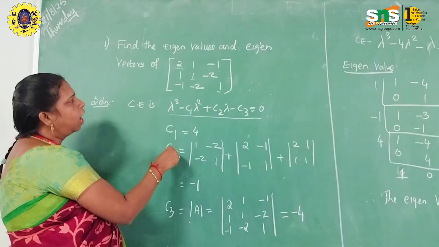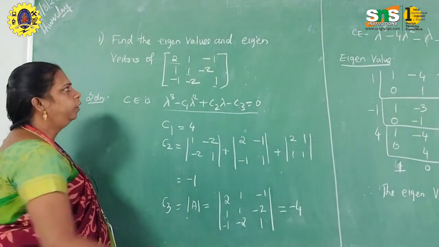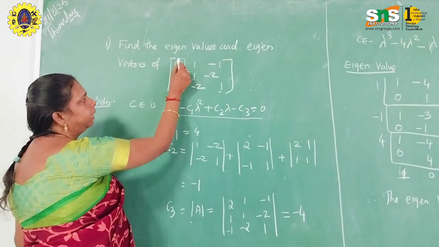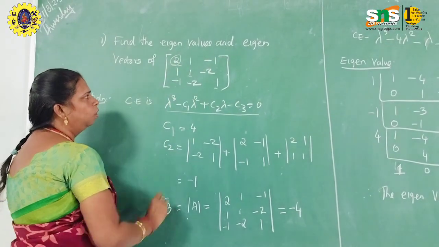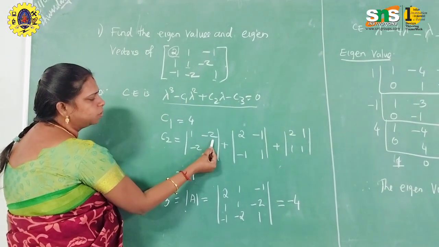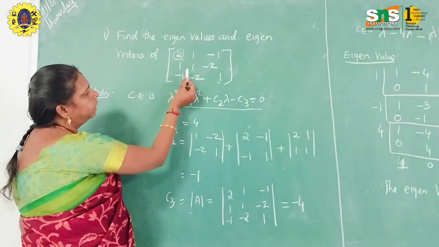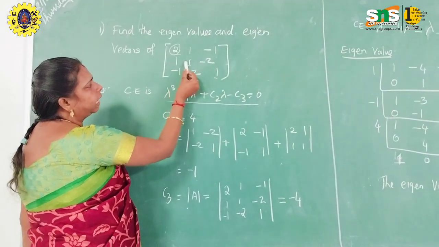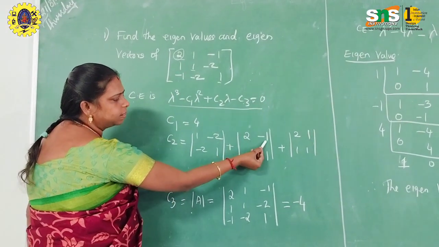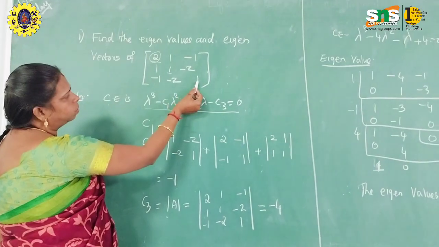C2 is the sum of the minors of the main diagonal elements. We get the minor of the diagonal element 2 by deleting its row and column, which gives 1, -2, -2, 1. Plus the next diagonal element is 1. Deleting the second row and second column, I will get 2, -1, -1, 1. The next diagonal element is 1.